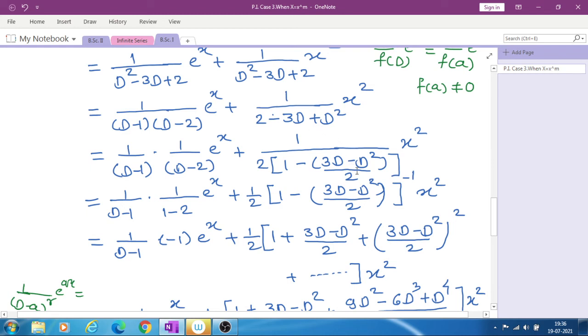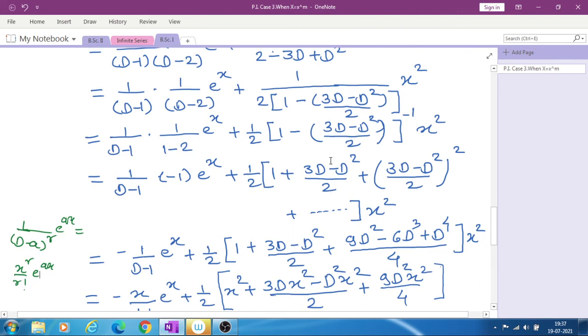3D minus D square. This is in the bracket, and we divide it by 2, so that the 2 and 2 get cancelled. So after taking 2 common, we get 1 minus the bracket (3D minus D square) upon 2, and here is x square.